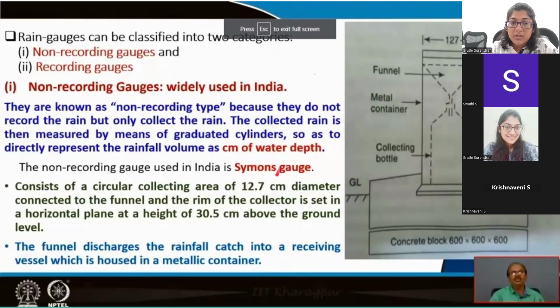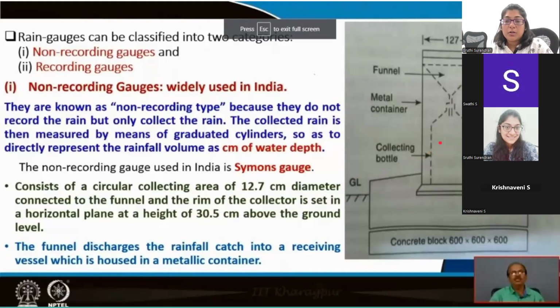It's called the Symons gauge. The Symons gauge is basically a cylinder with a funnel and a collecting bottle inside. 12.7 centimeters is the diameter of this cylinder, and it is around 30.5 centimeters deep. Within that there is a funnel, which collects the water, and the water flows down into the collecting bottle.